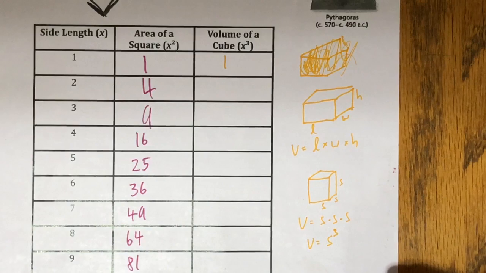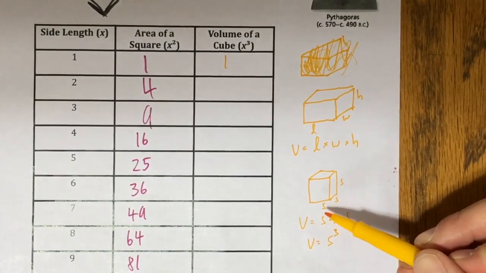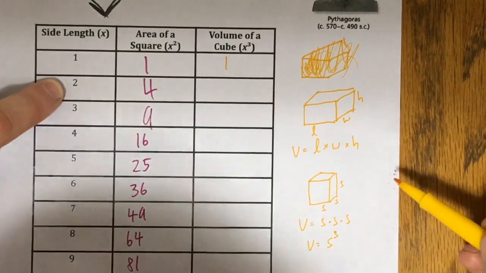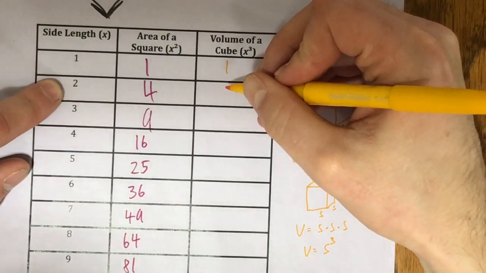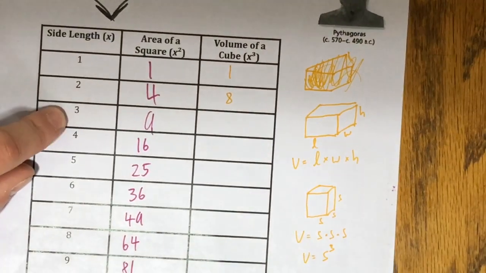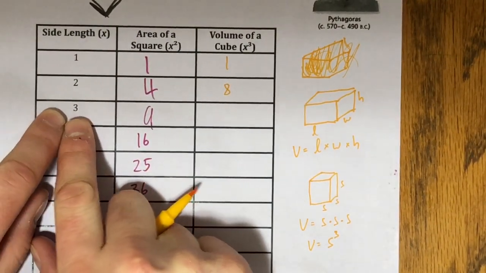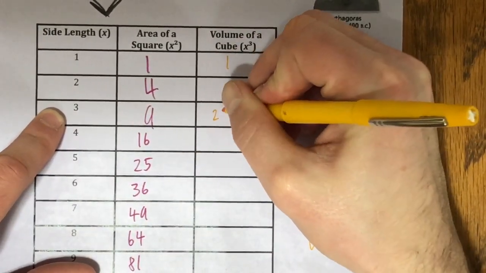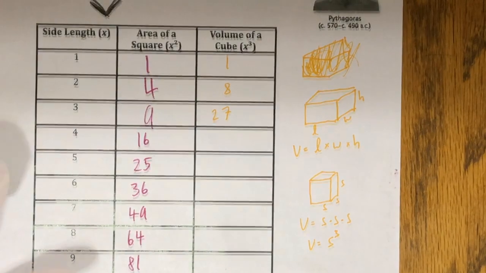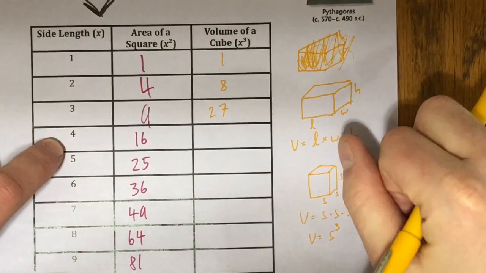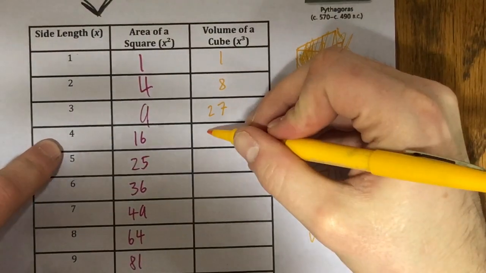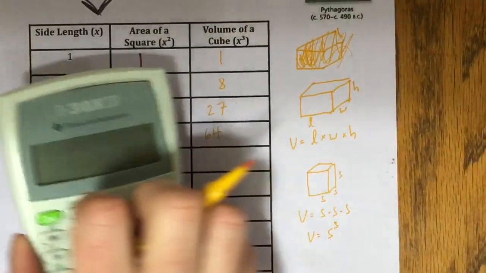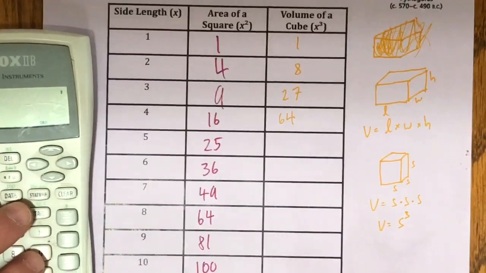Now if that side length is 2, then the volume of the cube would be 2 times 2 times 2, which is 8. 3 times 3 is 9, times 3 again is 27. 4 times 4 times 4 is 64. Now I'm going to cheat and go to my calculator.